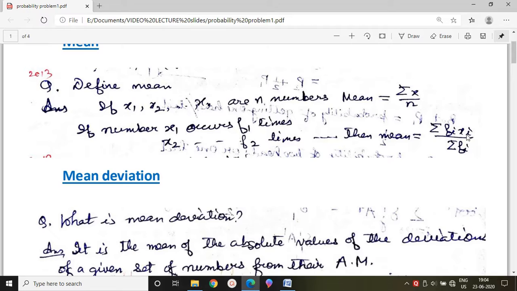What is xi? xi is any of the values x1, x2, x3, etc., multiplied by the corresponding frequency fi, the frequency of the ith data, then summed over this product and divided by the total frequency. In such a case, the mean comes out to be sum over fi xi by sum over fi.